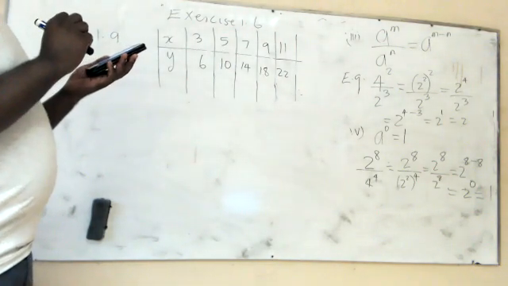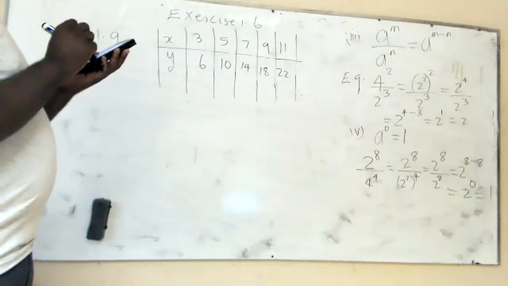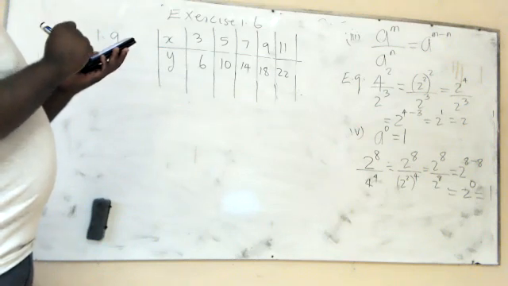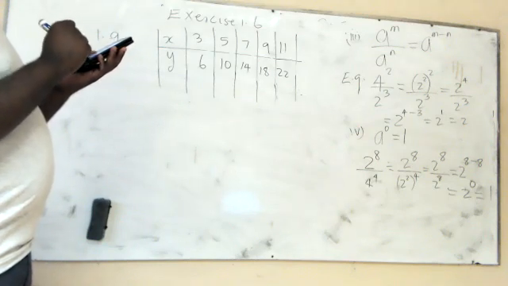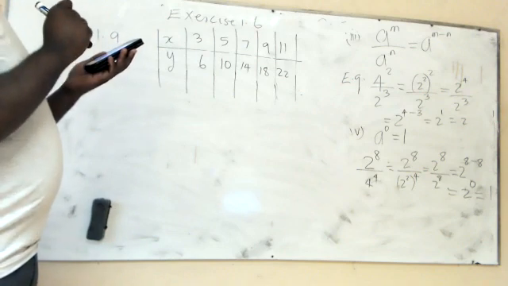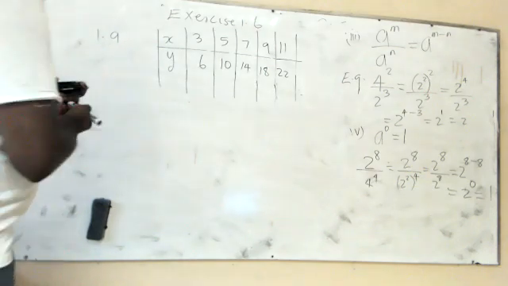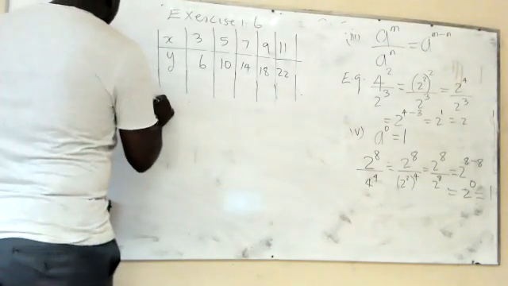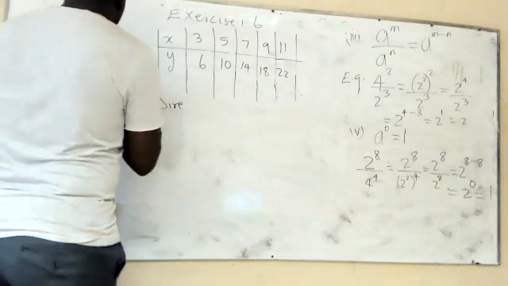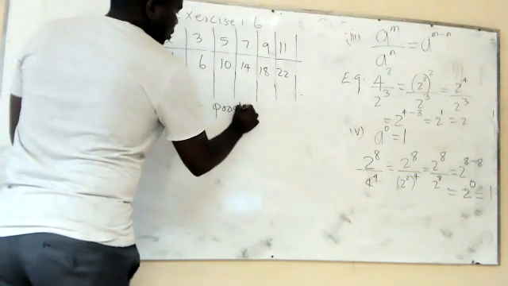Are you hearing me? Yes, we can hear you. Okay. So it says in each of the following, write down whether the tables provide examples of numbers in direct proportion, inverse proportion, or either. So we have 3 options to choose from. The first one is direct proportion.